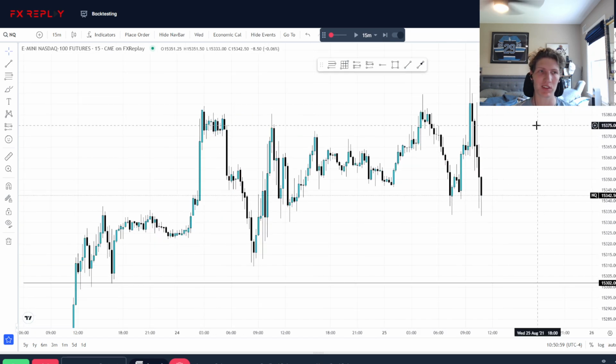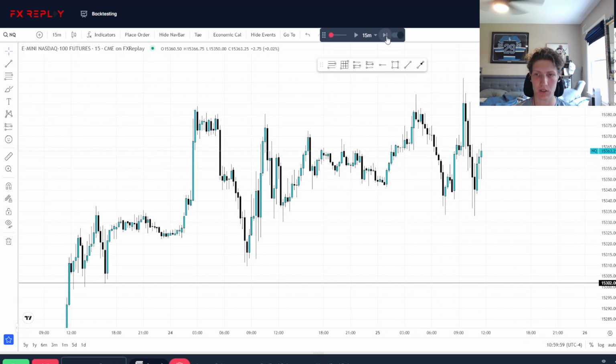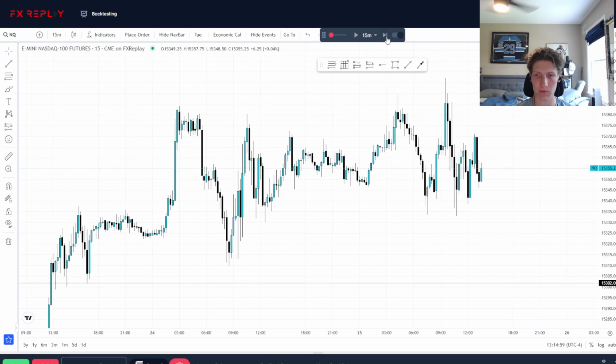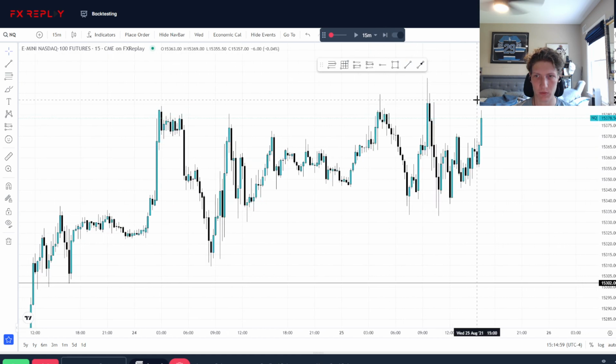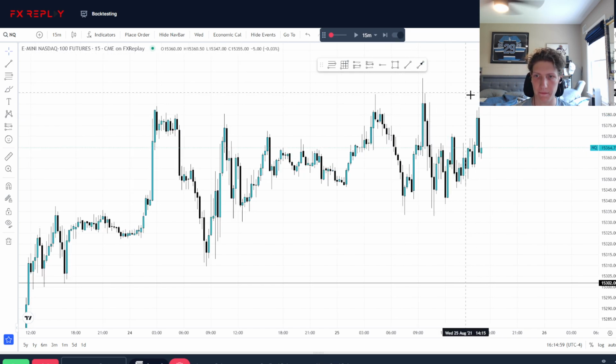Realistically, if I get like a 1 to 2 risk to reward, I'm not going to push it. But I can see this continuing. Or maybe not, so good on me. It just chopped around for the rest of the day, but it came back to my entry.